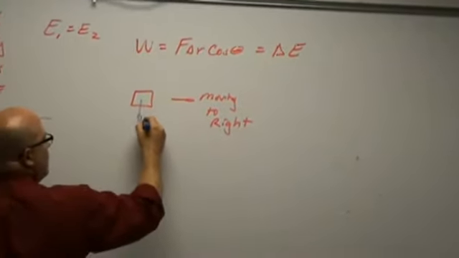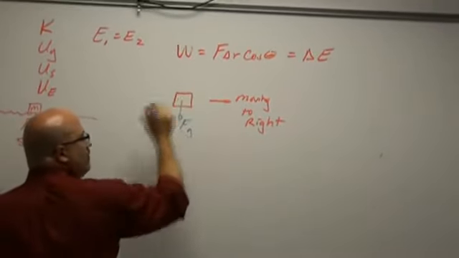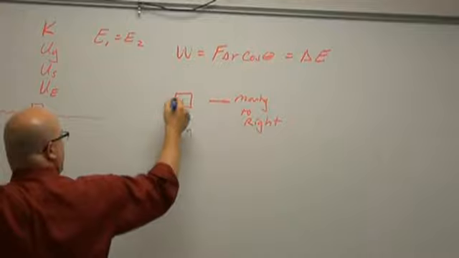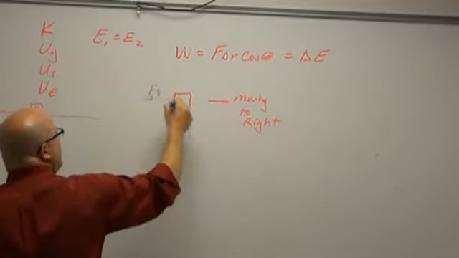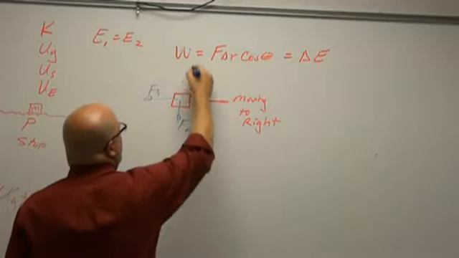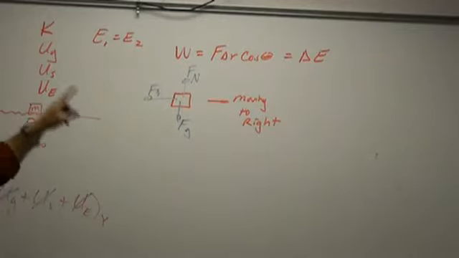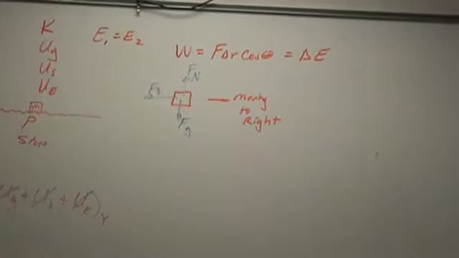There's gravity, F sub G, there's a friction. Which way is friction? That way, right? So force of friction, and what else? And there's a normal force, right? Or F sub N, if you prefer. And that's it, right? Okay, which of these forces is doing work?